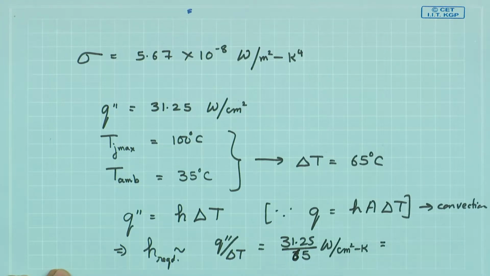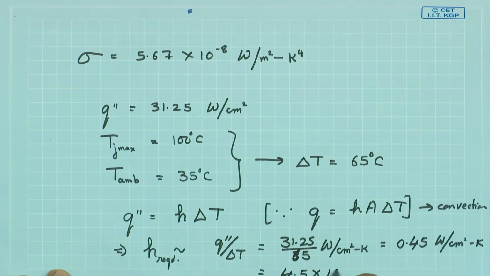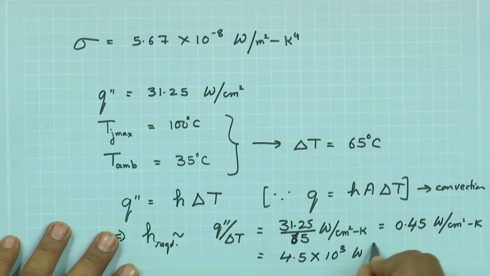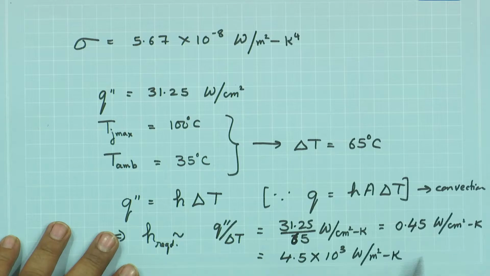How much is it coming to? 32.5 would have been exactly half, so it is approximately 0.45. So, 0.45 watts per centimeter squared Kelvin. Per meter squared it will have to be multiplied by 10 to the power 4, so that becomes 4.5 times 10 to the power 3 watts per meter squared Kelvin.